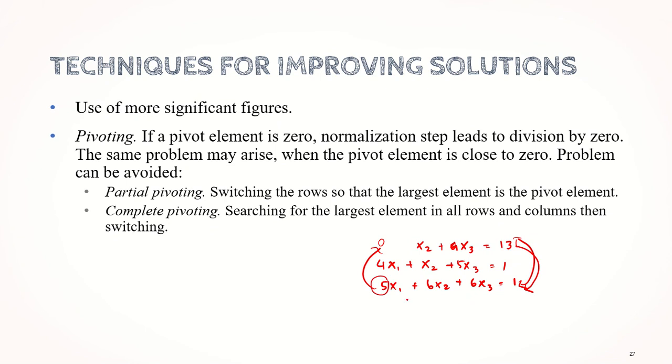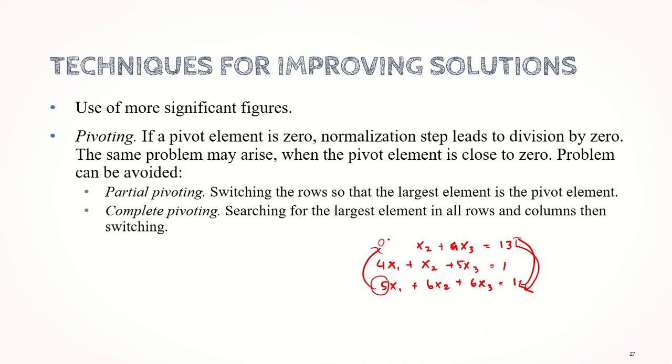And another one would be complete pivoting, searching for the largest element in all rows and columns, and then we switch it. This is a bit similar to partial pivoting. The only difference is that partial pivoting would be similar to complete pivoting if we have quite a small number of equations.